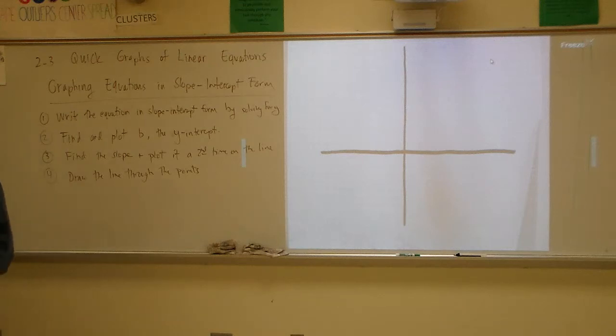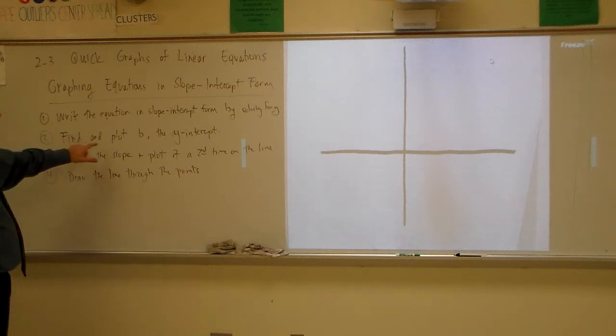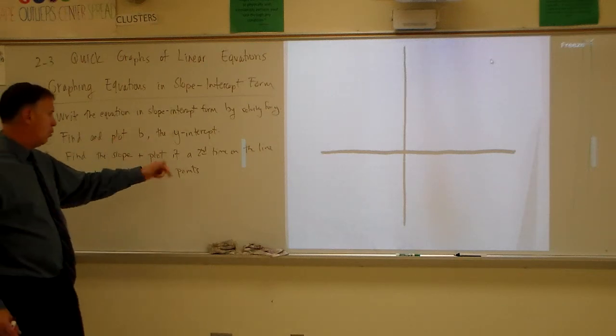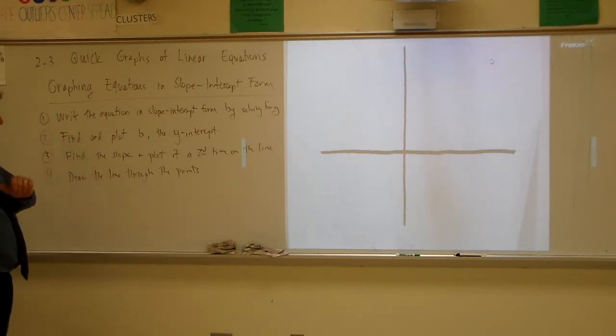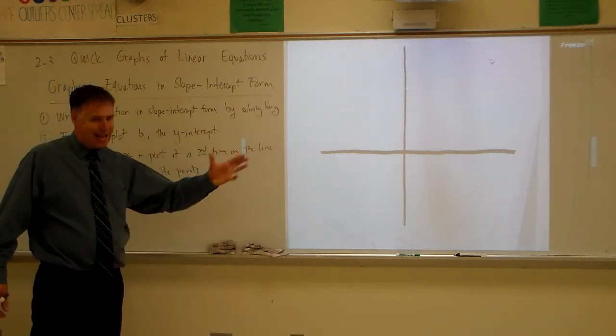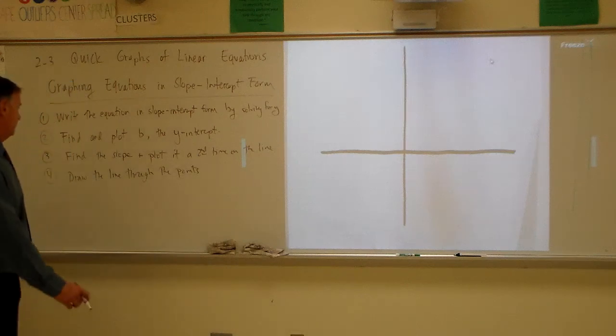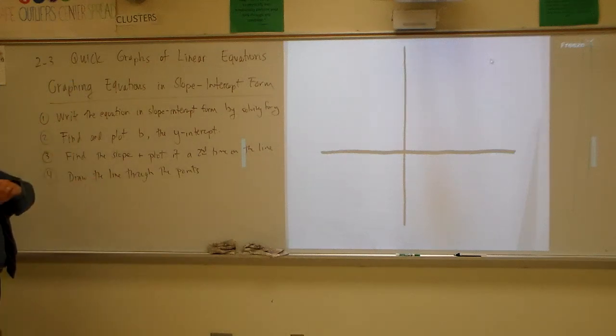Okay? So, those are our steps. Again, number 1, write the equation in slope-intercept form by solving for y. Find and plot b, which is the y-intercept. Find the slope and plot it a second time on the line, and I'll show you that in a minute. And then draw the line through the 2 points.